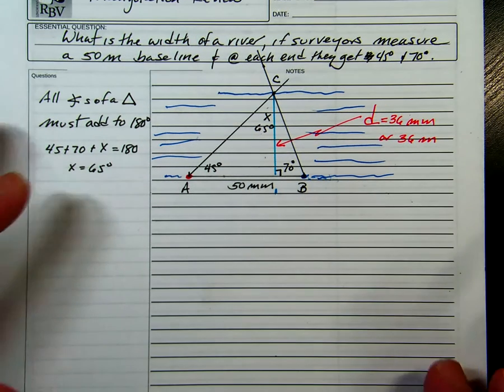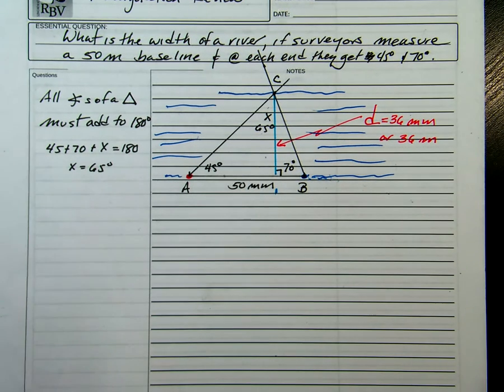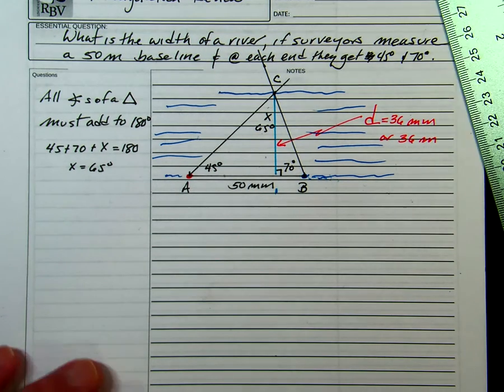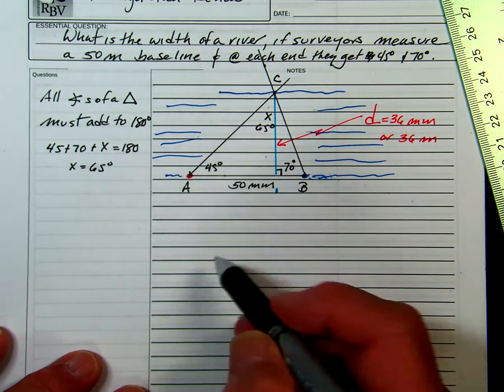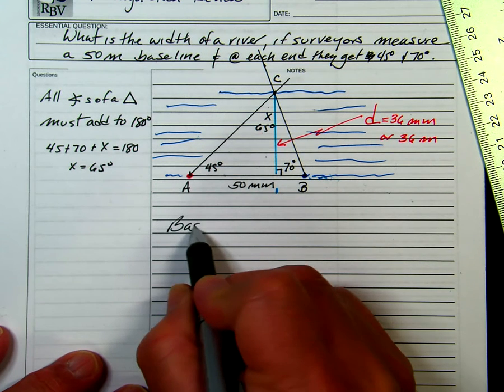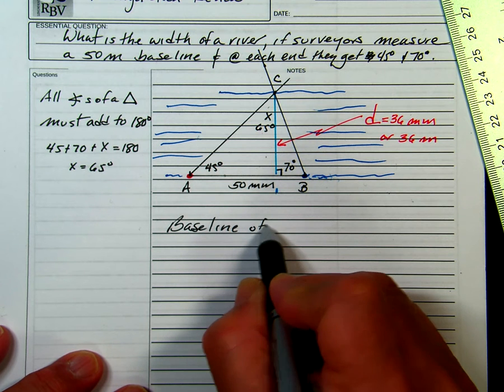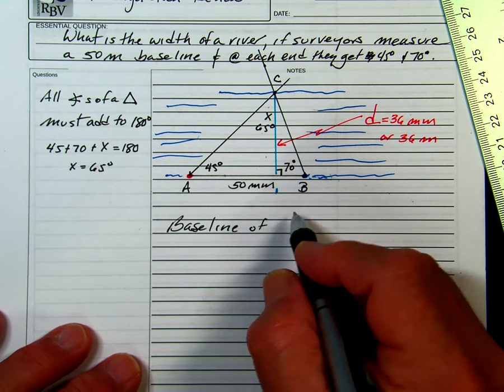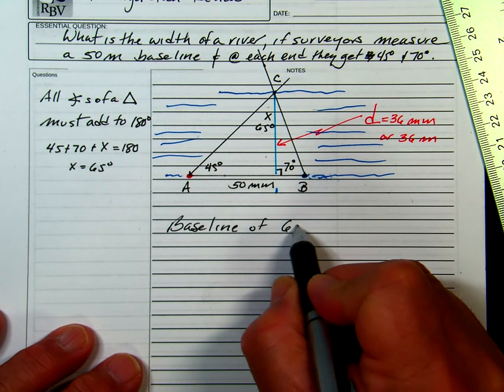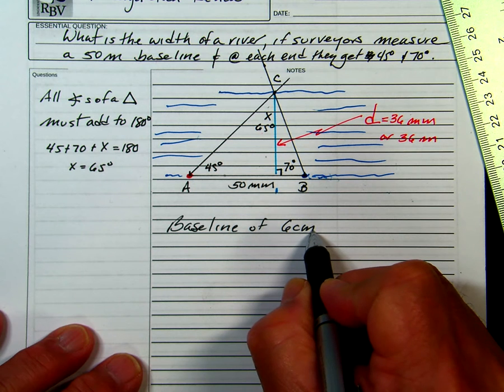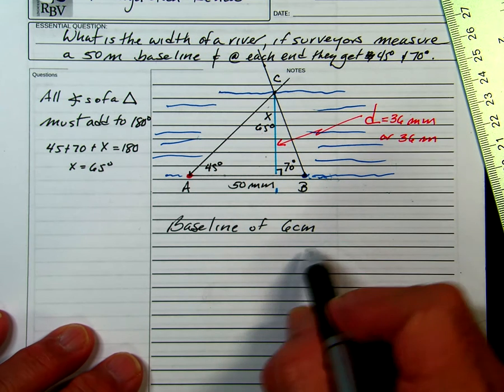I'm going to leave you with a practice problem that I'd like you to try, and that is, I'm going to give you a baseline of 6 centimeters and two angles.